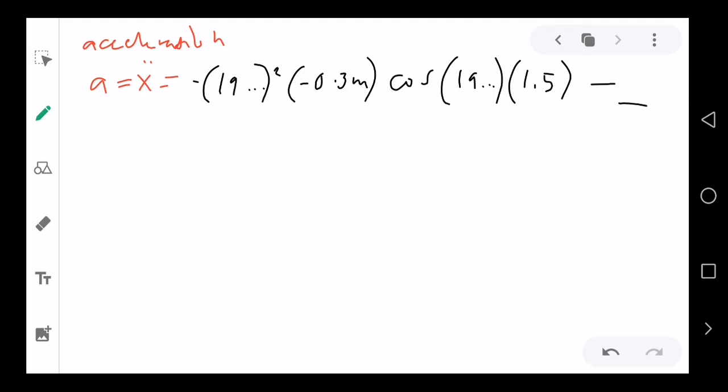Hindi ko na ilalagay kasi, di ba, C2 is equal to 0. So, ayan. Correct?